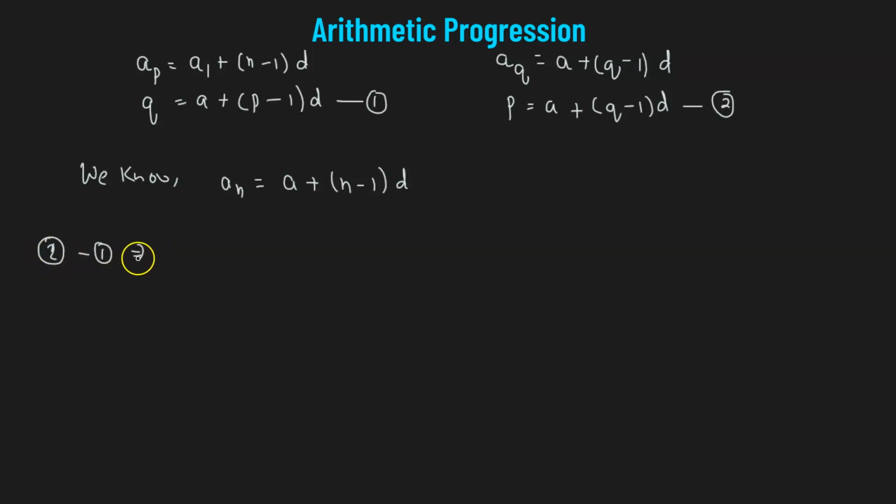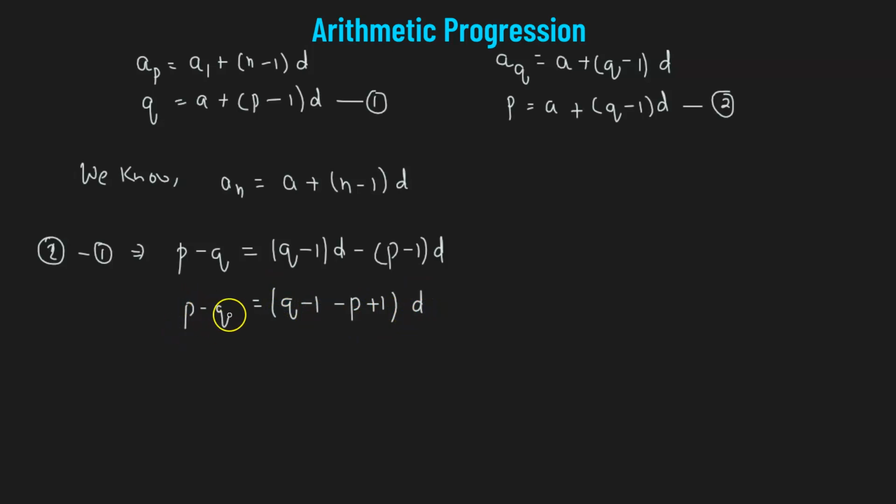So this is going to give us p minus q equals q minus 1 times d minus p minus 1 times d. So this will be equal to q minus 1 minus p plus 1 multiplied by d. The negative 1 and positive 1 cancel out.